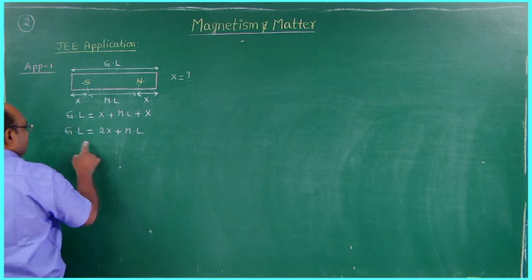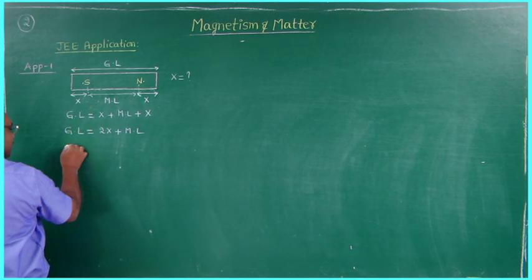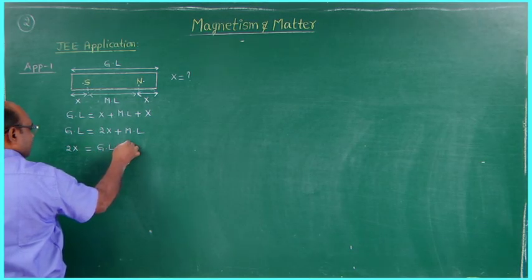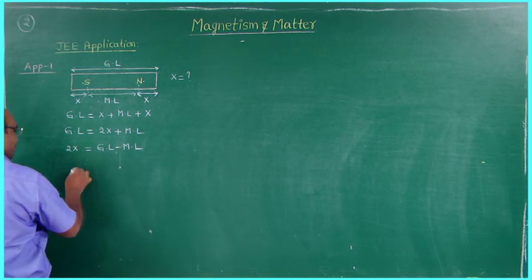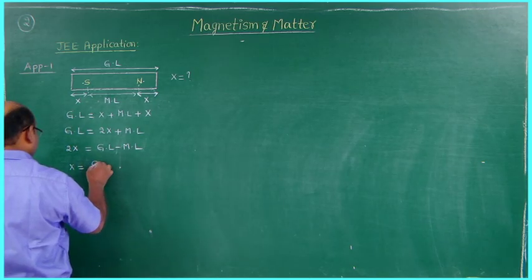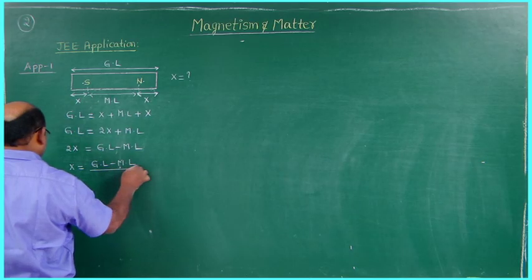Now, 2x is equal to geometric length minus magnetic length, or x is equal to geometric length minus magnetic length, divided by 2.